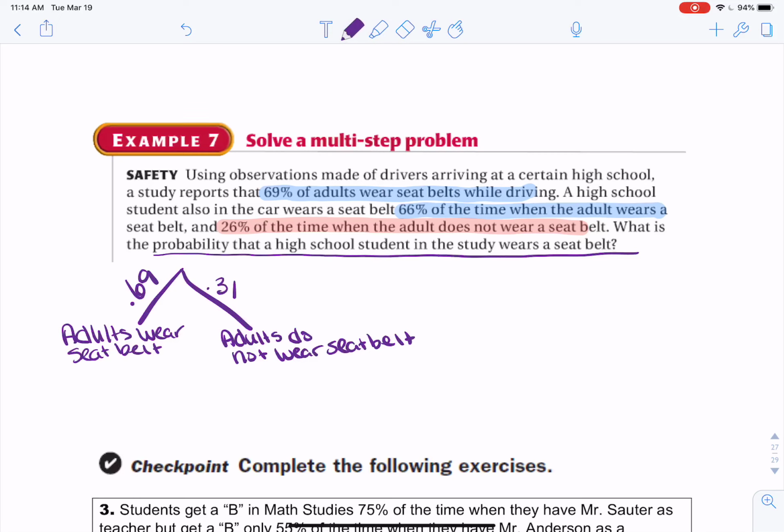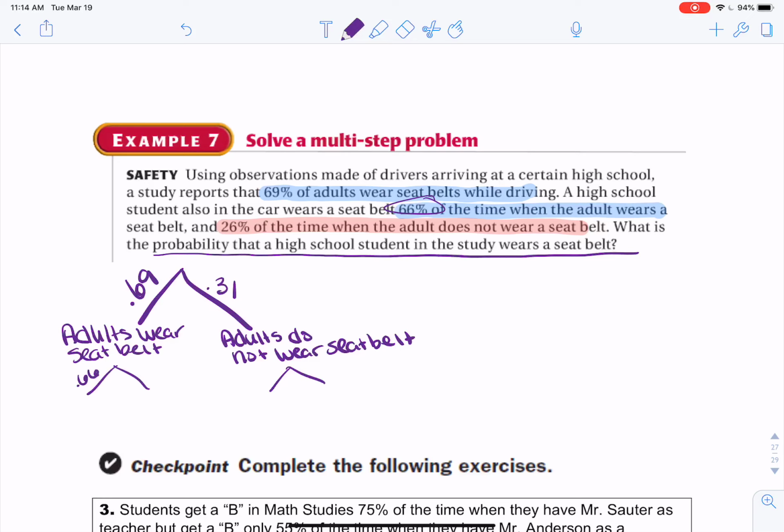So now let's split it up because we're looking at the students here. So it says in the story that when the adult wears the seatbelt, 66% of the students do. So if we think about that for a second, when we're looking at 69% of the adults are wearing the seatbelt, 31% are not, so then there's the 66% of students that do.